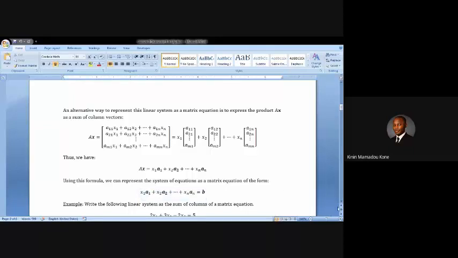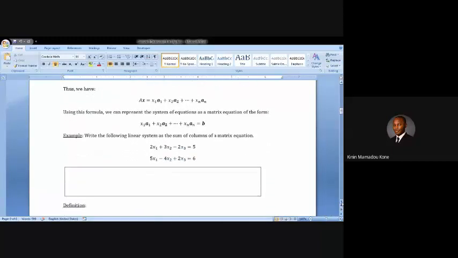Now write the following linear system as the sum of columns of a matrix equation. So let's do that. You can easily see that we have x1 over here, so I can factor out x1, and x2 over here, so I can factor out x2. Let's do it on paper.